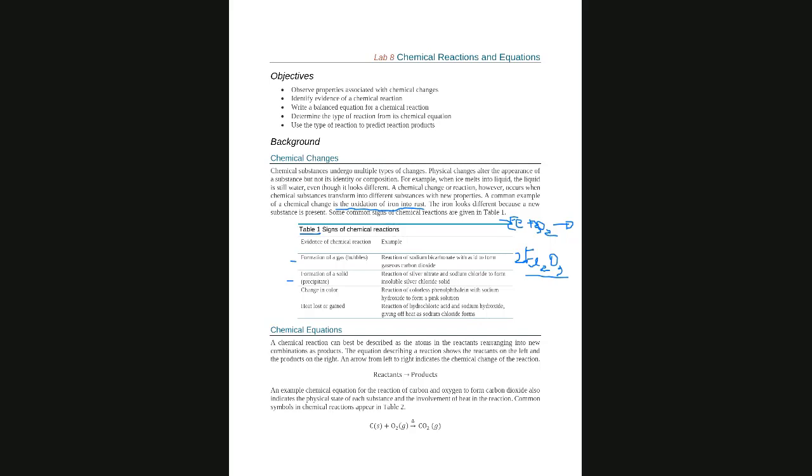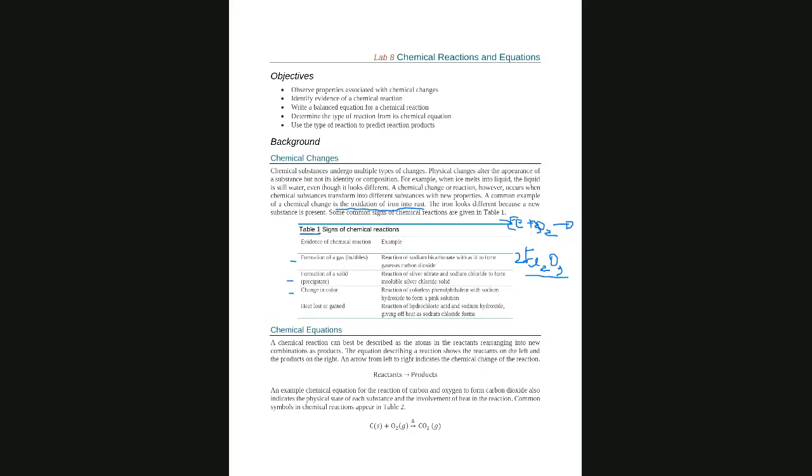Then what other things do you have to pay attention to? If you mix two things and you say, is this a chemical reaction or not? Well, if you see a change in color, then yes, a change in color is also a sign of a chemical reaction. Now let's look at the last one.